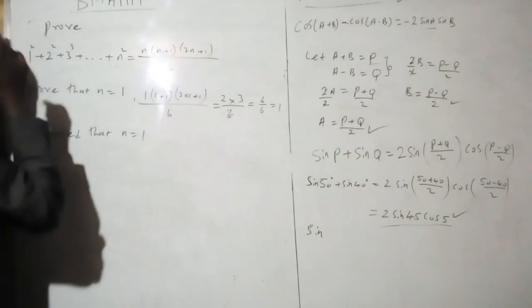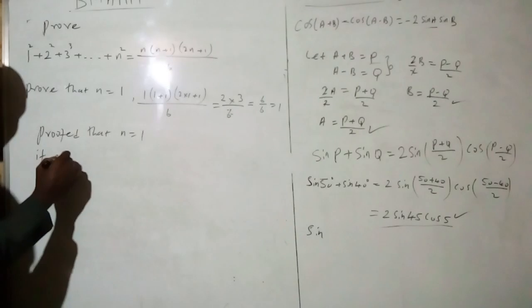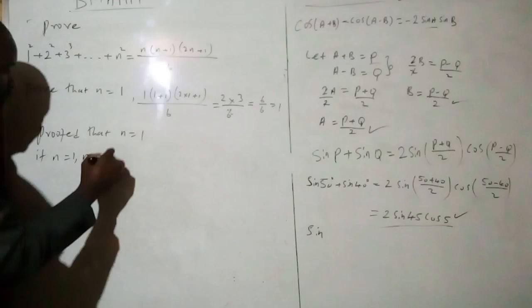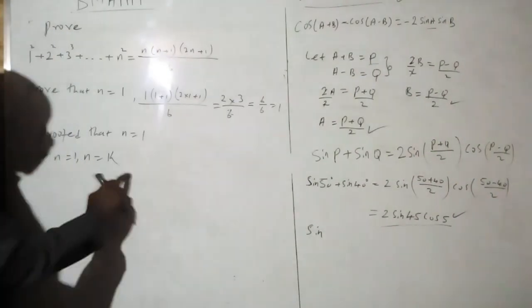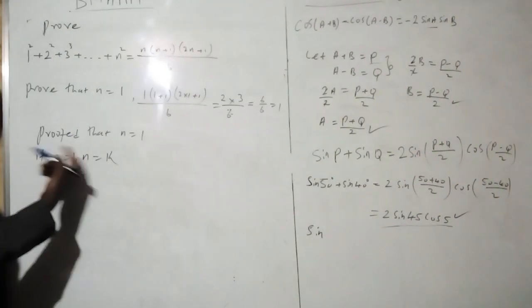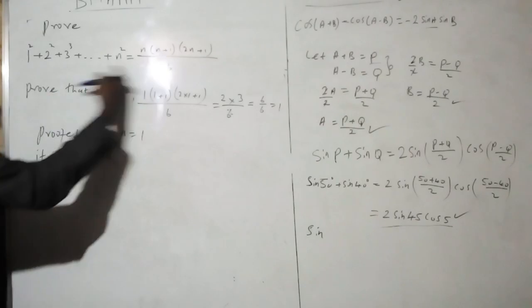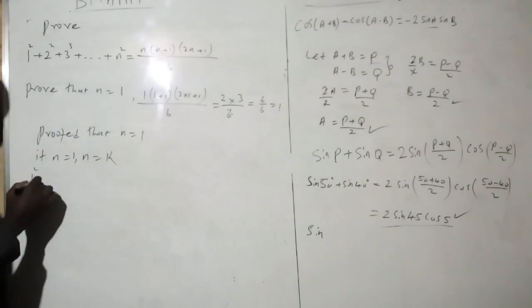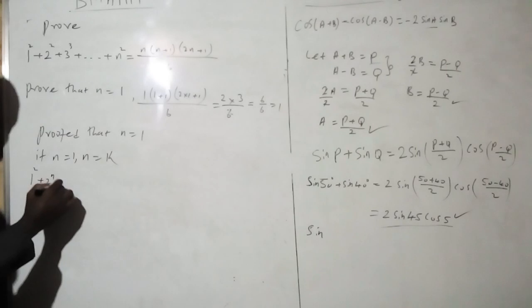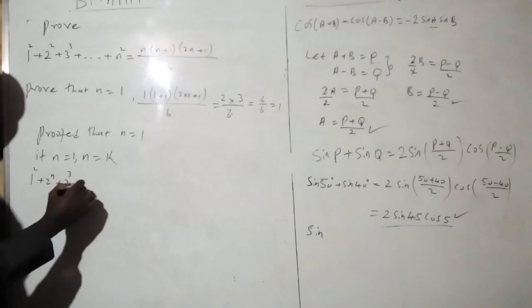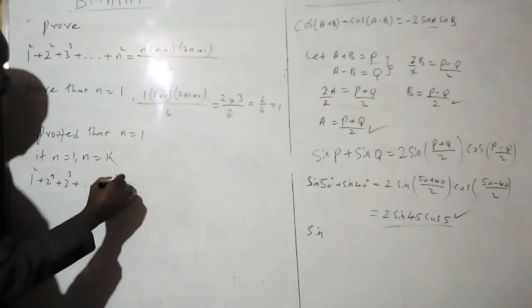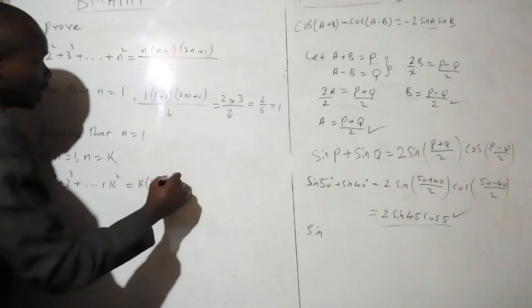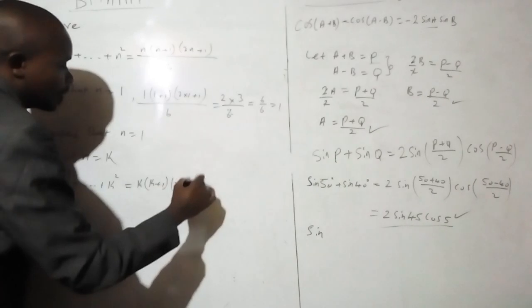Then if n is equal to 1, n is equal to k. It will hold. Then in the same equation where we have n, we replace with k to be 1 squared plus 2 squared plus 3 squared plus dash dash plus k squared is equal to k plus 1, 2k plus 1 all over 6.